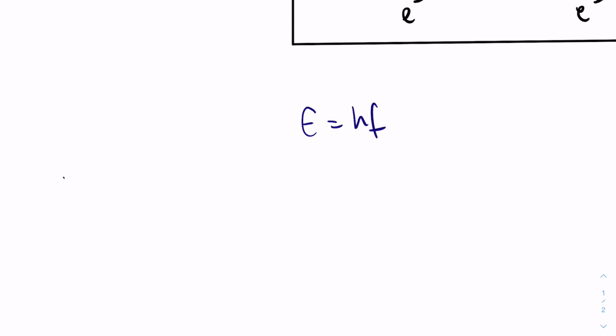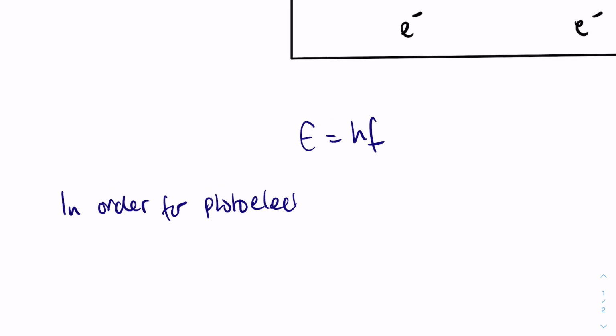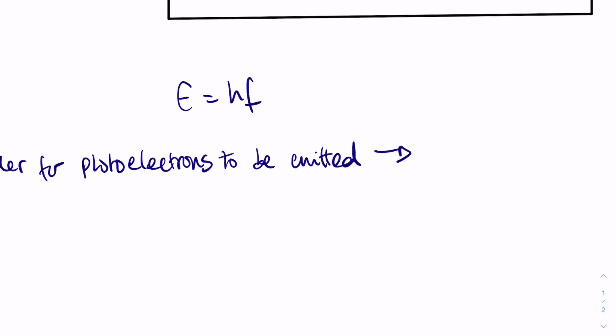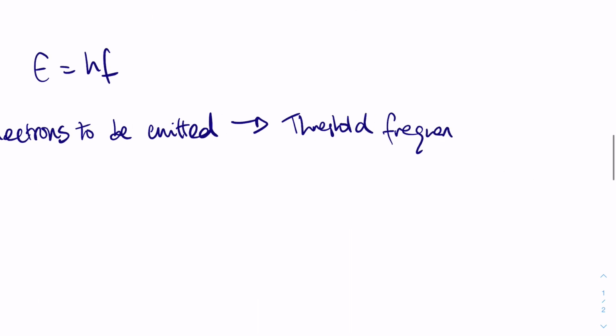Okay, so let's do some notes here. I put, in order for photoelectrons to be emitted, threshold frequency must be reached.